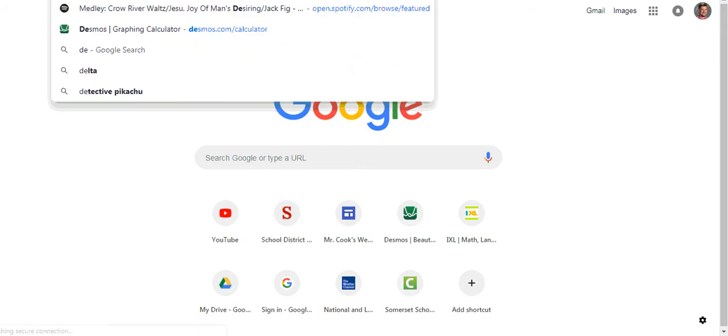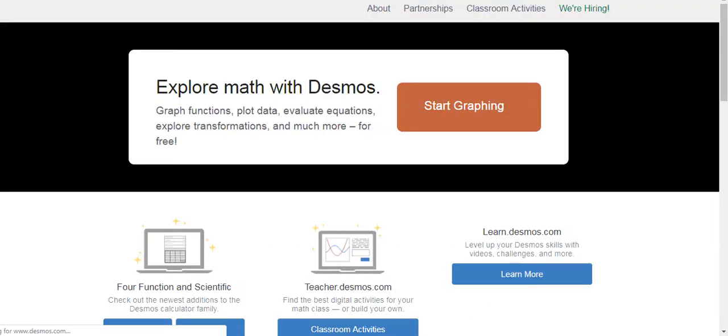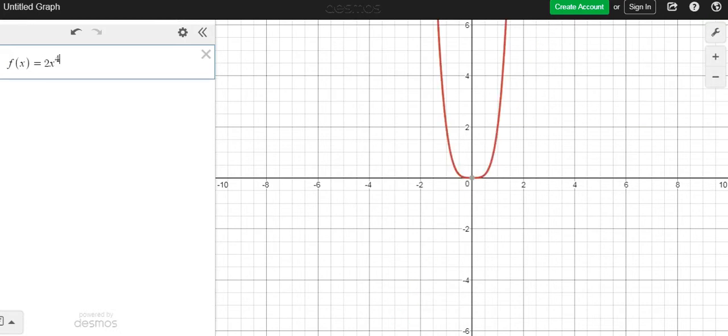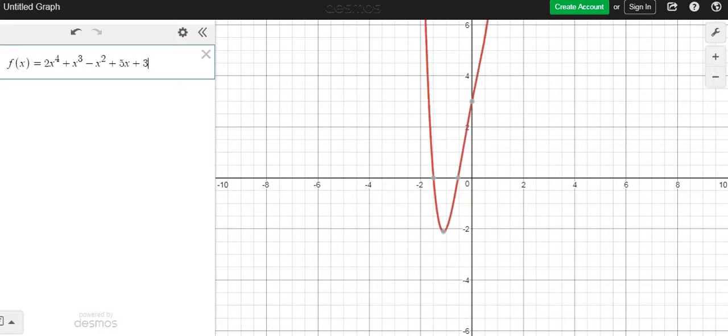Brandon? All right. Who wants to read me the function? F of x equals, what's the function again? 2x to the 4th. What's the next term? Plus x cubed minus x squared plus 5x plus 3.